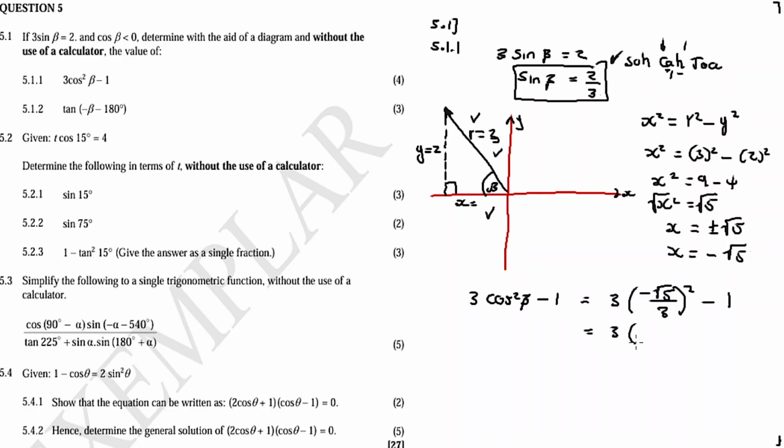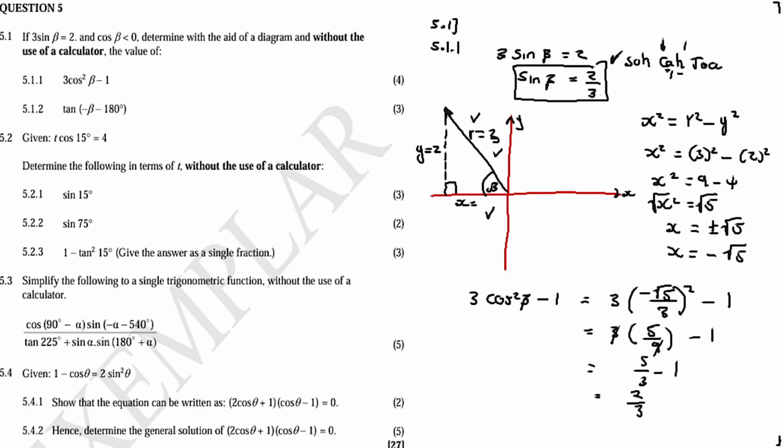That equals 3 times, minus square root 5 squared is 5, and 3 squared is 9, minus 1. So 3 times 5 over 9: the 3 will cancel, 3 divided by 3 is 1, 9 divided by 3 is 3. You get 5 over 3 minus 1, which is 2 over 3.